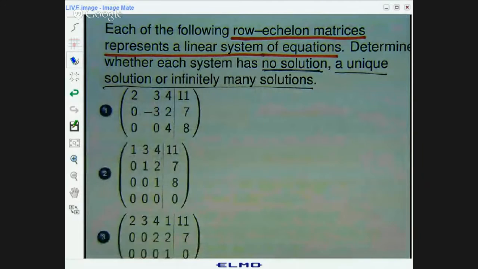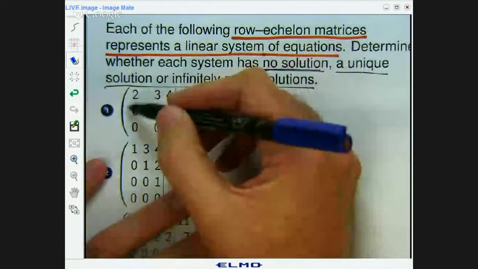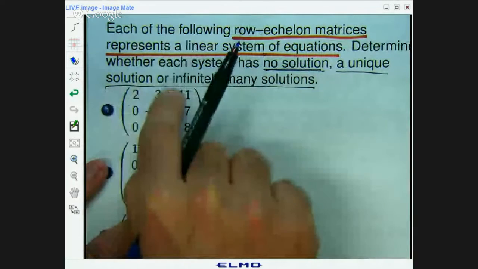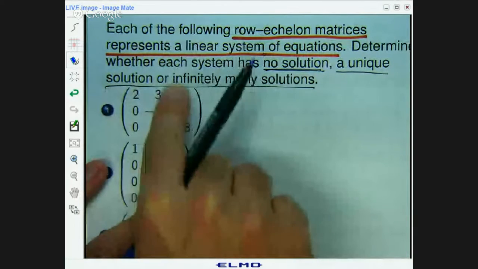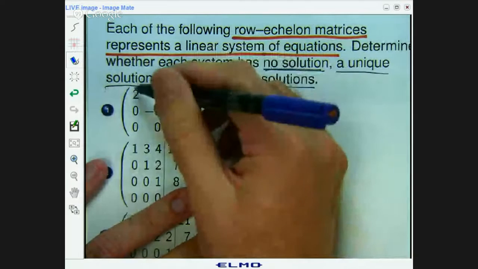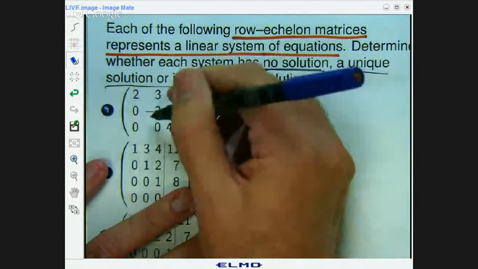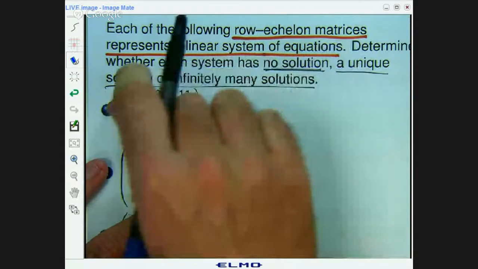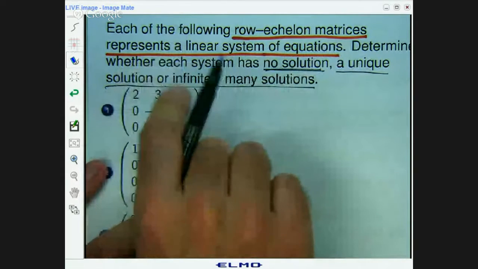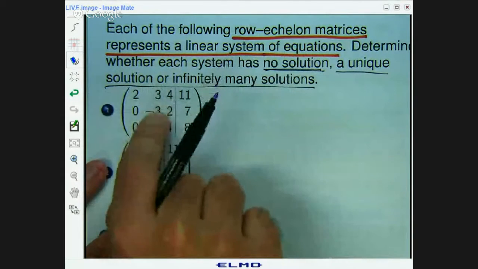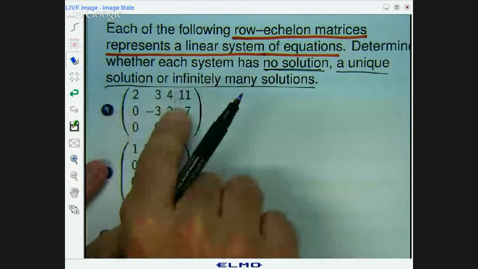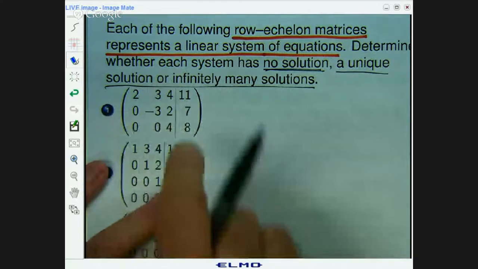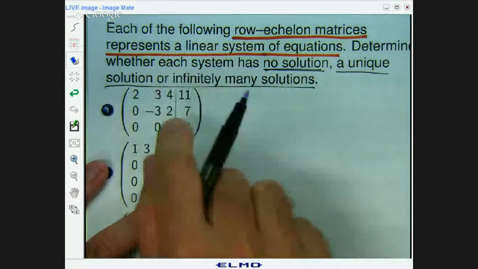All right, now you can see here that each of the columns on the left-hand side of the big bar contains the first entry of some row, right? So column 1 contains 2, that's the first entry of row 1. Column 2 contains -3, that's the first entry of row 2. And column 3 contains 4, that's the first entry of row 3.